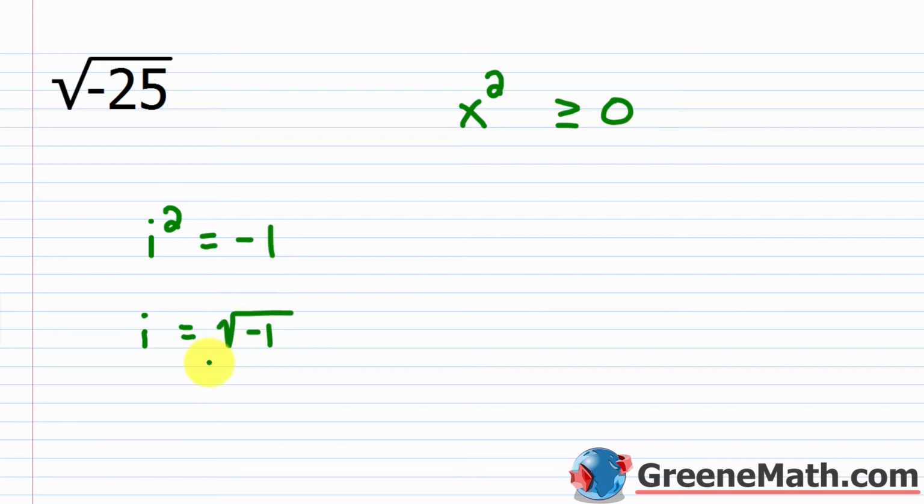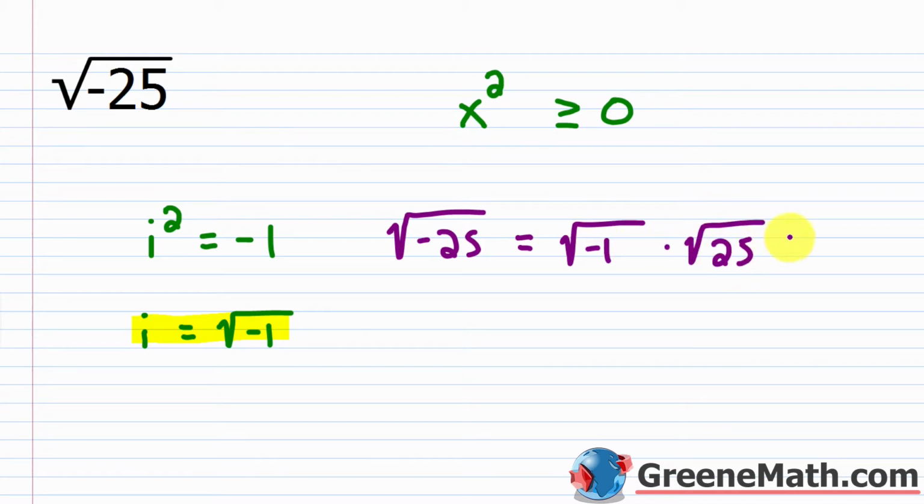So using this definition, and specifically we're going to focus on this one right here, we can rewrite the square root of negative 25 using the product rule for radicals. We'll say this is the square root of negative 1 multiplied by the square root of 25. We know the square root of negative 1 is defined right here to be i, this imaginary unit. So I'm just going to replace that with an i.